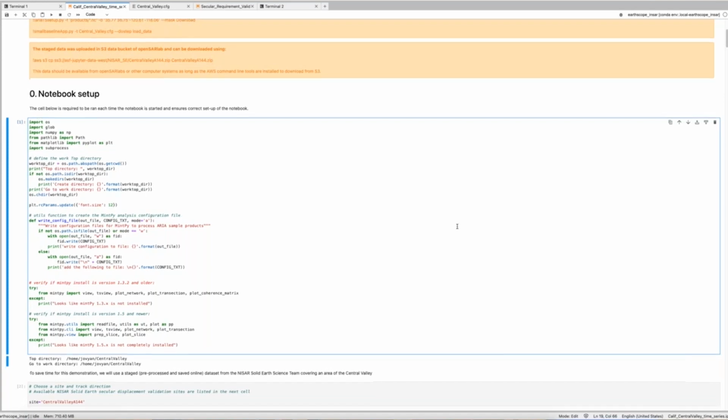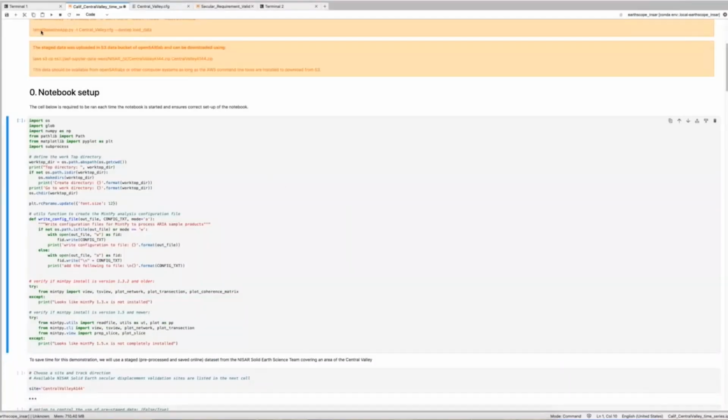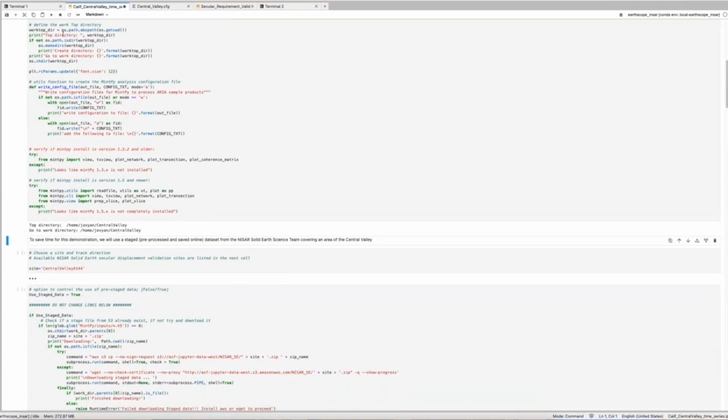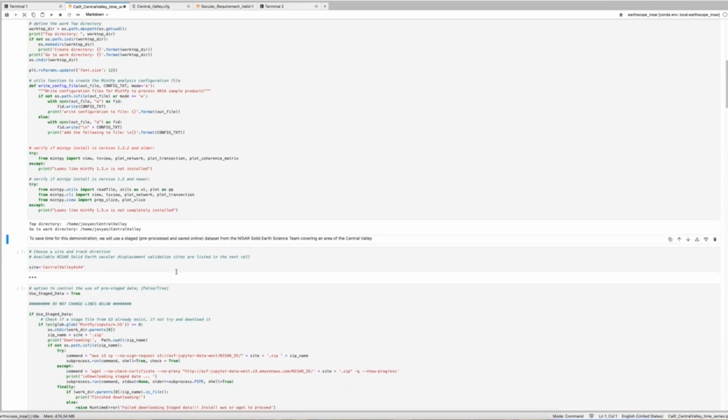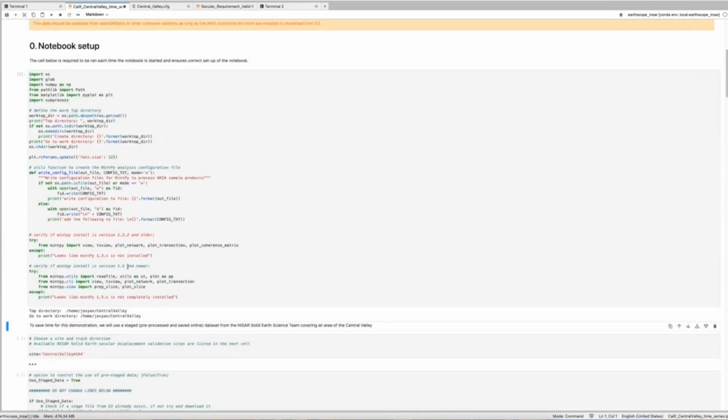We're going to be using that just to save time during this demonstration. So this first cell of the notebook, I'm going to just clear the previous run here. It just sets up, imports the software, and imports the MintPy software.